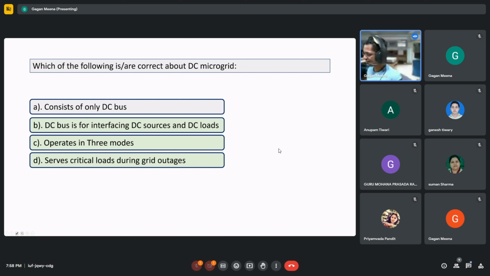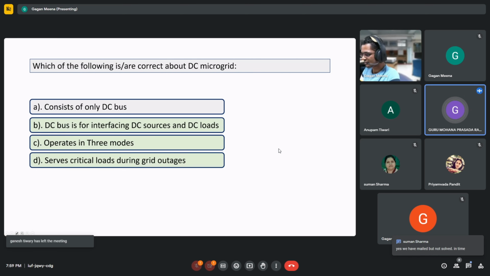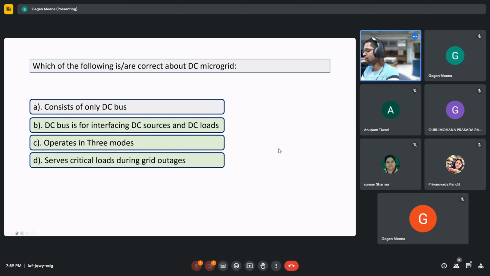If some of you are saying marks are visible, then I think marks should be available, provided you have submitted on time. I submitted on time, sir. All the questions are right in the quiz, but it's not showing in assessment. You can mail them if that's the problem, or ask in the discussion forum. Many are also asking, so I think they will resolve it. Okay, sir, thank you.